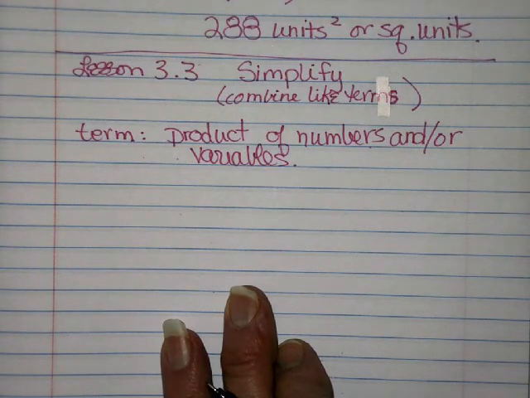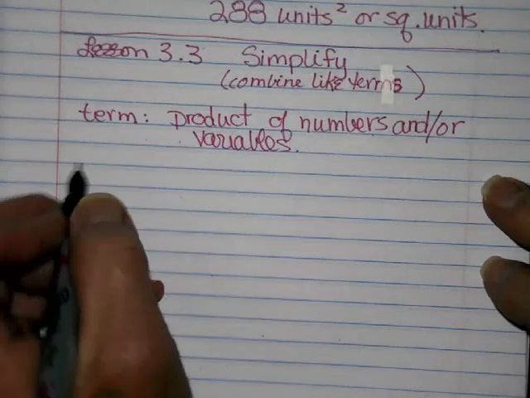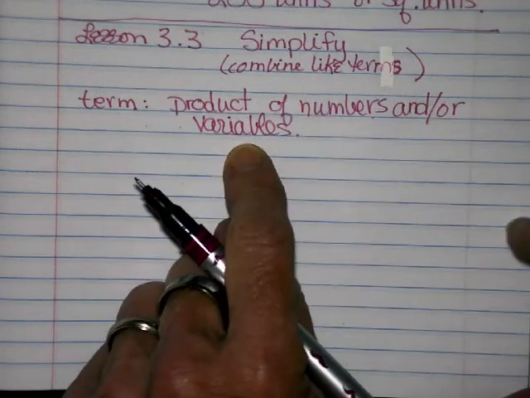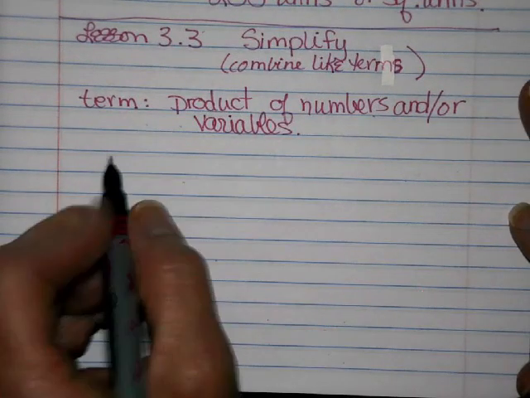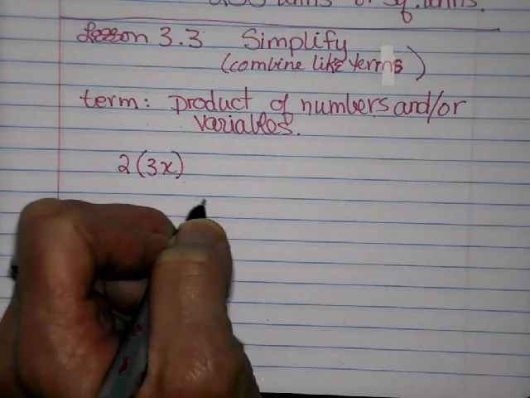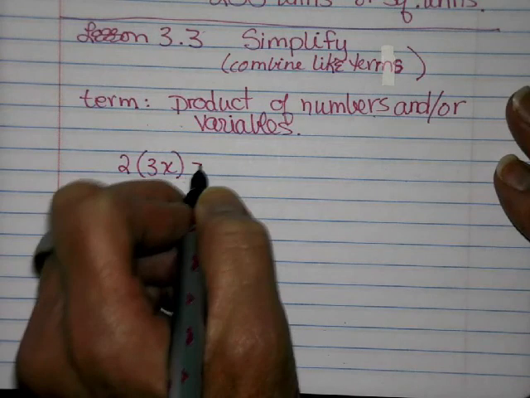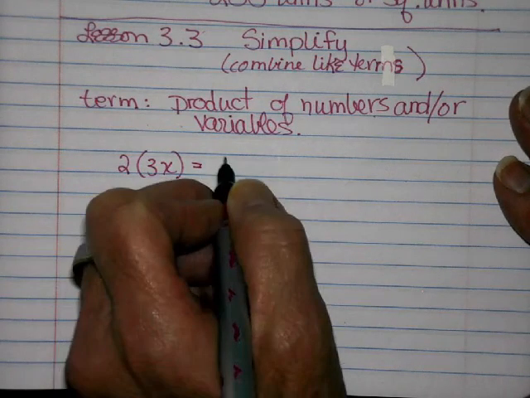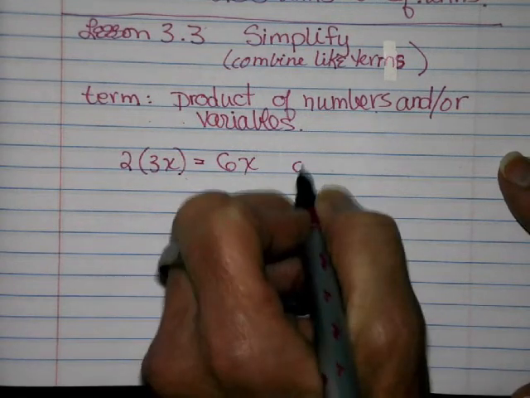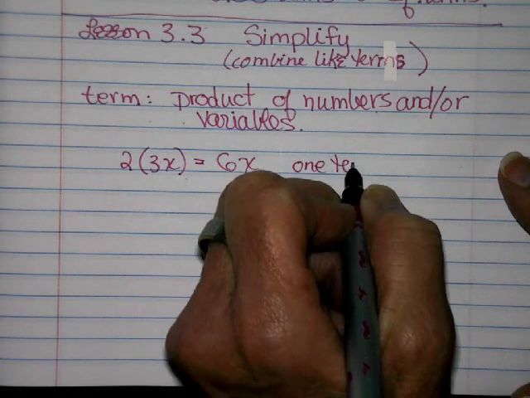I was trying to find an example where you'd have some globs. Looks like we're not there yet. What they're having you do right now is just using variables. So if I have a 2 times a 3x, you just take the numbers times each other, and there you have one term.